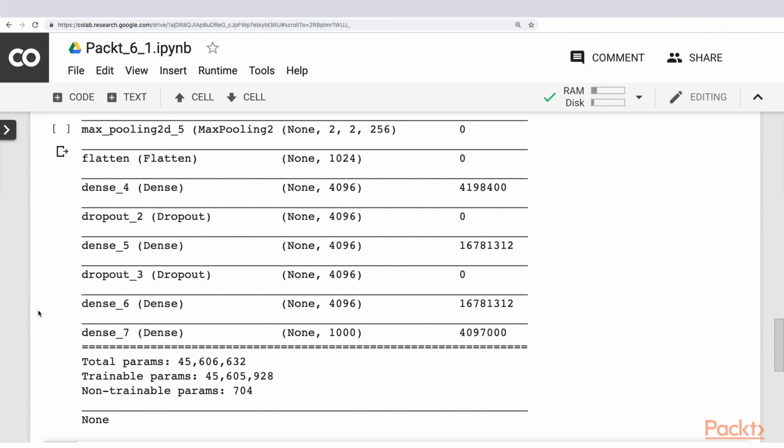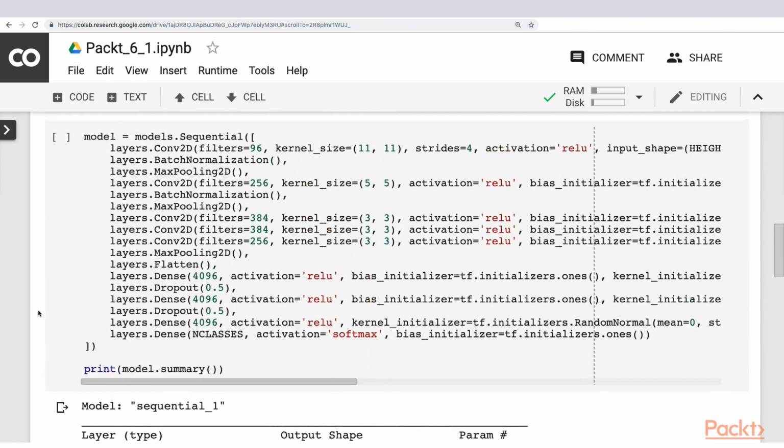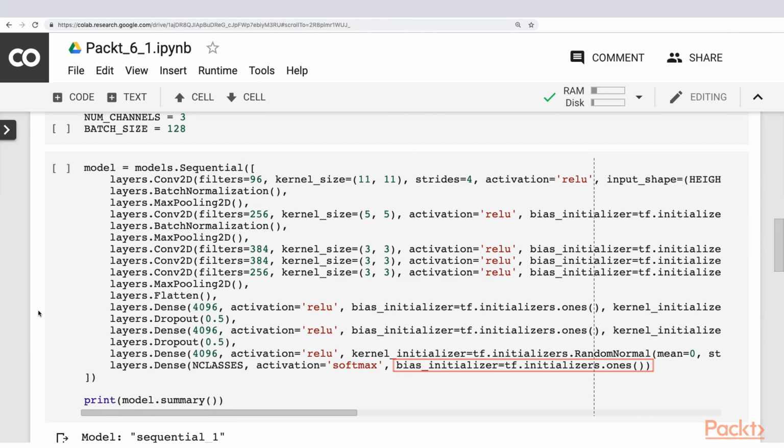That's going to be a lot of mathematical computations. The model makes use of rectified linear units to combat exploding and vanishing gradients, along with certain initializations. The bias was initialized to 1 in some layers, 0 in others.